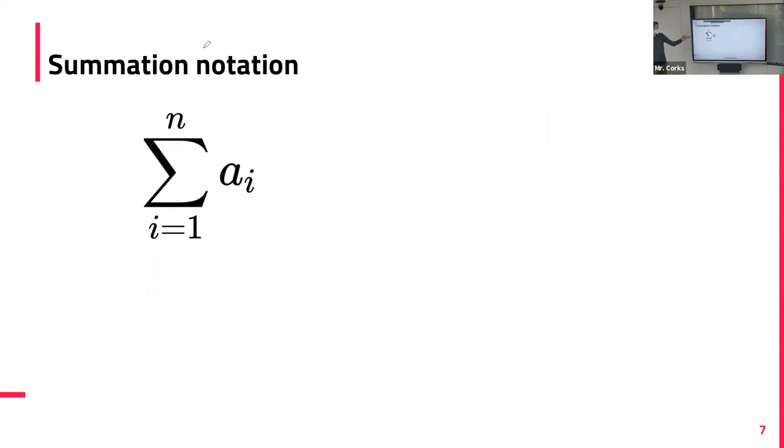Okay, first thing, summation notation. It's just a way of writing sums of numbers. So writing a series. If you haven't seen this before, sorry, let me take one quick step back.